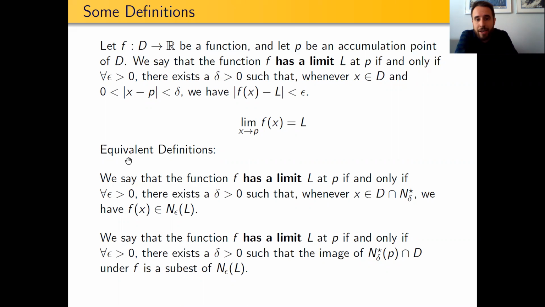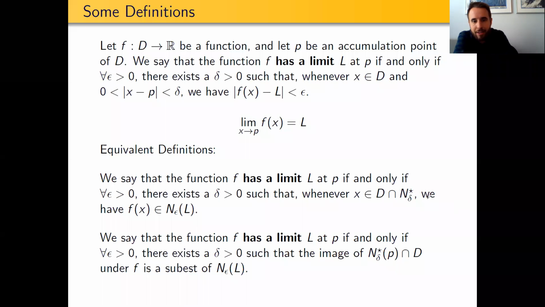We say that a function f has a limit L at P if and only if, and here's the rephrasing, for all epsilon, there exists a delta such that whenever x is within this intersection, the intersection of the domain and the deleted delta neighborhood of P, we have that f of x will be within the epsilon neighborhood of L.